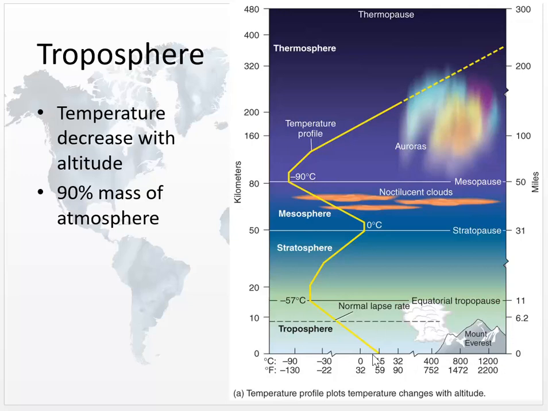Another really important line to pay attention to is this yellow line. This is the temperature profile, and so you can see how the temperature is decreasing, right? Here we have 0 degrees Celsius, 32 degrees Fahrenheit. And as we go up in elevation, as the air density decreases, it gets colder.